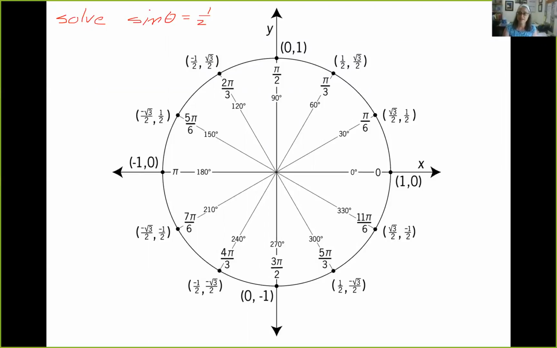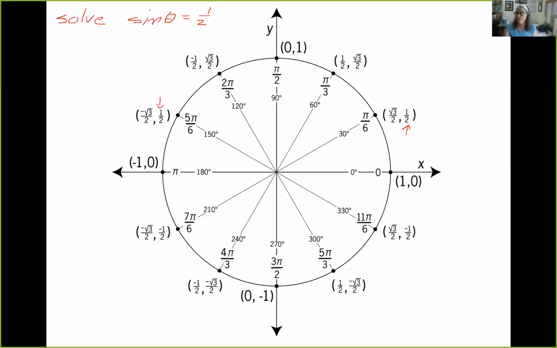What that means is find all angles that have a sine equal to 1/2. Or in the words of our unit circle, find all of the angles whose radii lead to a point with a y-coordinate of 1/2.